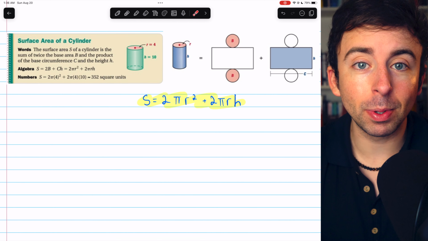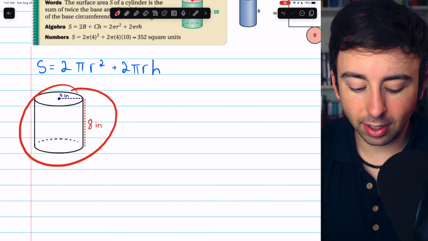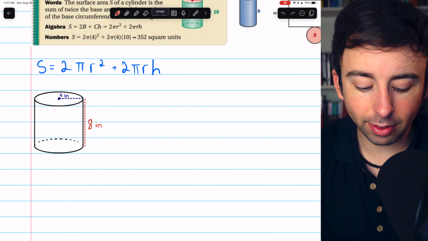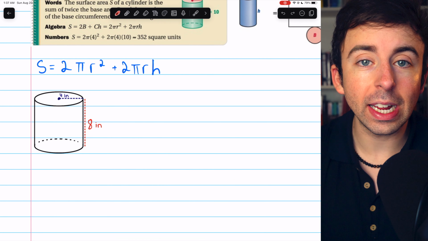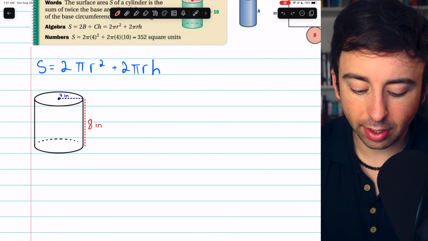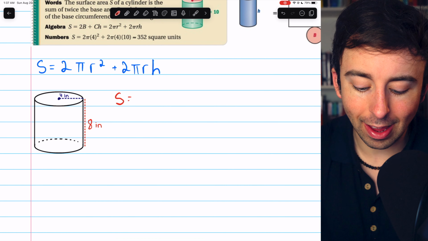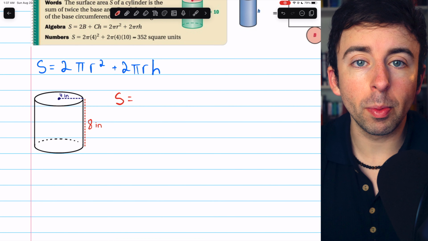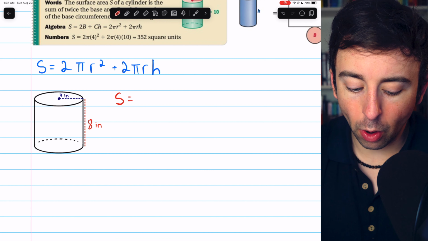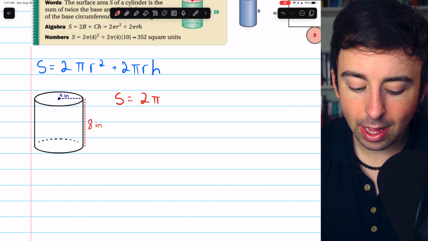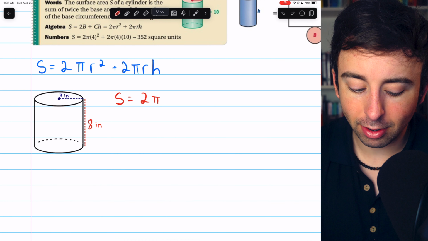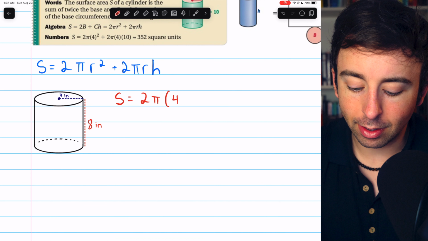Let's go ahead and try applying this to a cylinder. Here is a cylinder with a height of 8 inches and a radius of 4 inches. So what is the surface area of this cylinder? We'll call it S. Well, based on the formula that we just figured out, we're going to need 2 pi multiplied by the radius squared. The radius is 4.